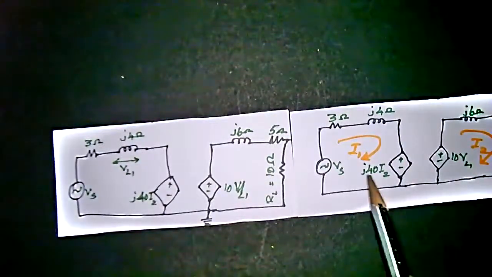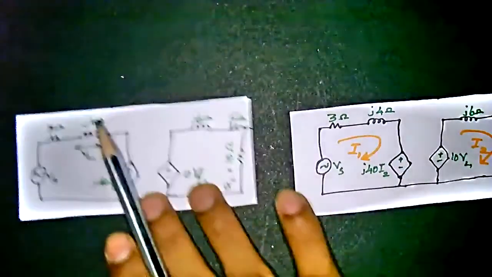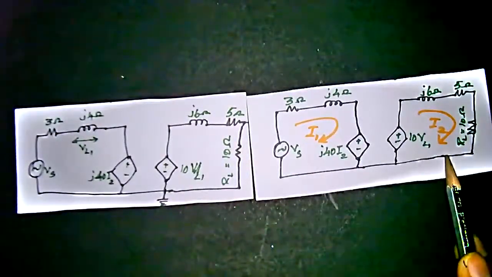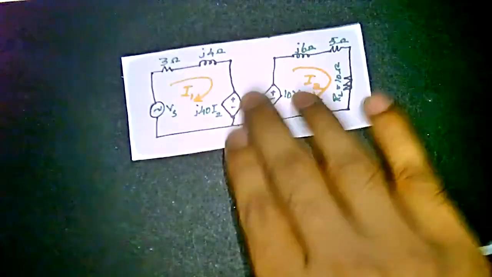In this circuit we have two loops. The first loop carries the current I1, and here I2. According to Thevenin's theorem, we should remove the load, that is, the terminals across which we look for the Thevenin voltage.